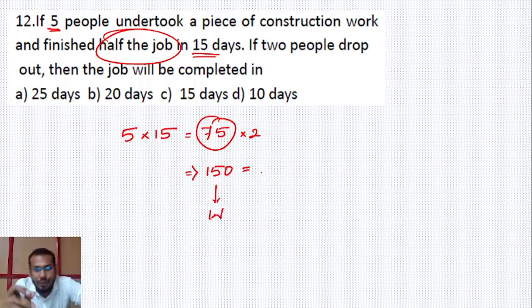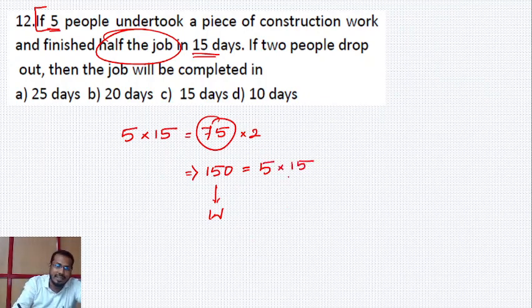Okay, right. I got the work. Now look at this. If 2 people drop out, you need to read again from the first. I found only the whole work. Now read the question. 5 people undertook a piece of construction. Half of the work was completed in 15 days. This part is over. Now for the remaining work, 2 persons dropped out. So only 3 persons are there. How many days does it take for the remaining?